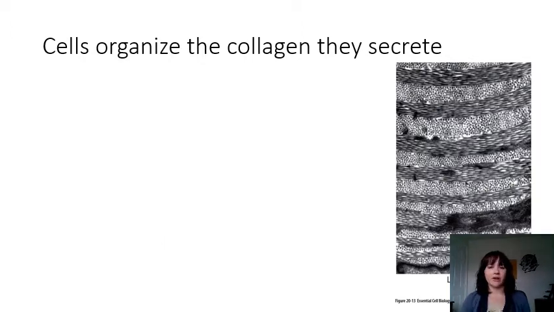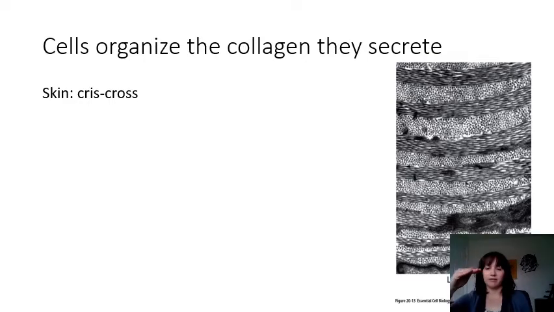So how should collagen be organized? So we've talked about these fibrils, right? But in addition to just assembling into fibrils, these fibers themselves are also organized in the extracellular matrix. In this electron micrograph of skin, we can see the orientation is crisscross.